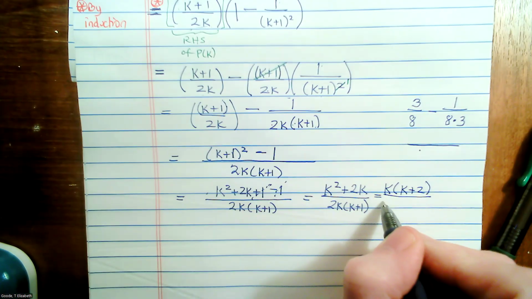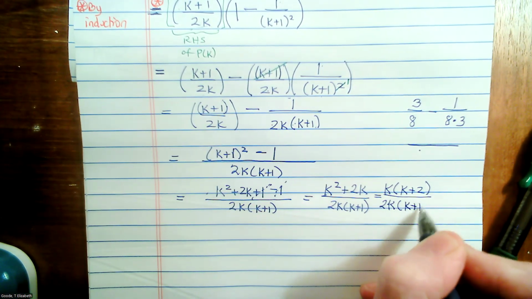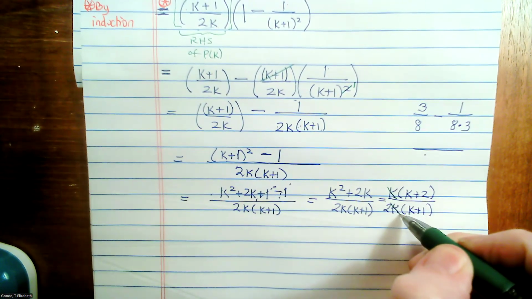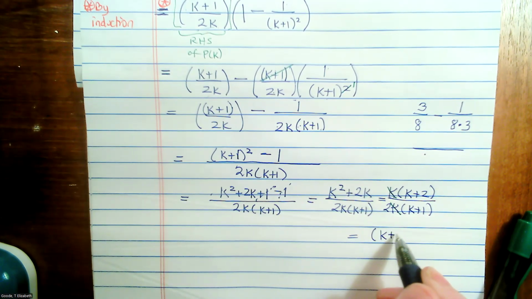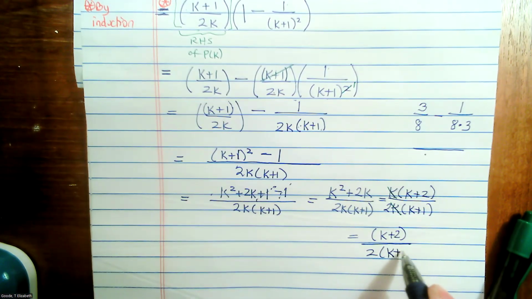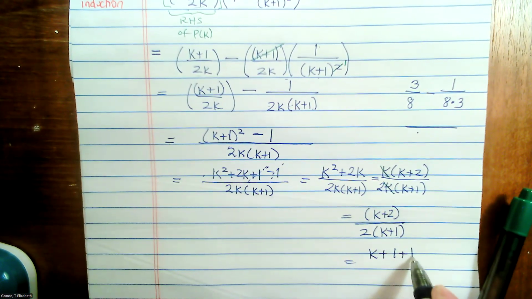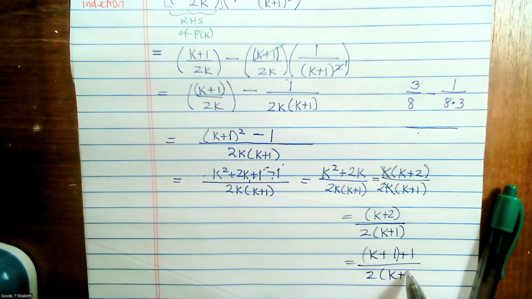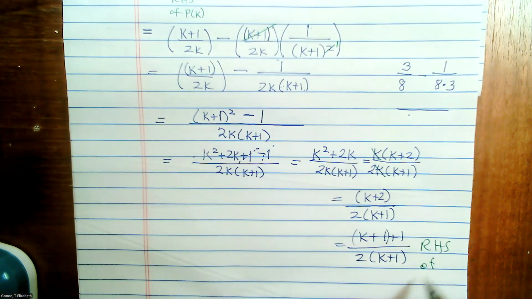And then 2k times the quantity k plus 1 on the bottom. The k's can cancel, and that leaves us k plus 2 on top over 2 times the quantity k plus 1 on the bottom. And that was what we wanted. Over 2 times the quantity k plus 1. And that is the right-hand side of P of k plus 1.